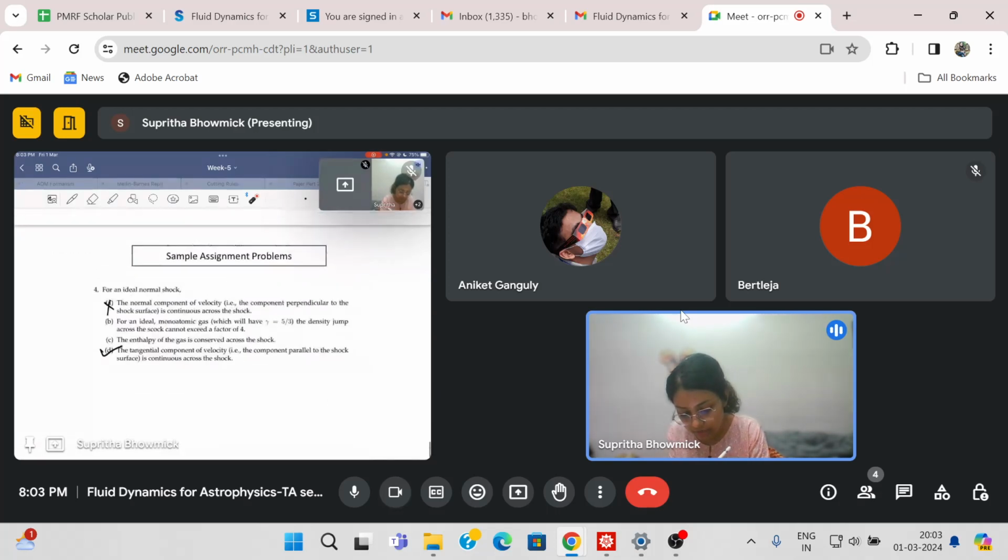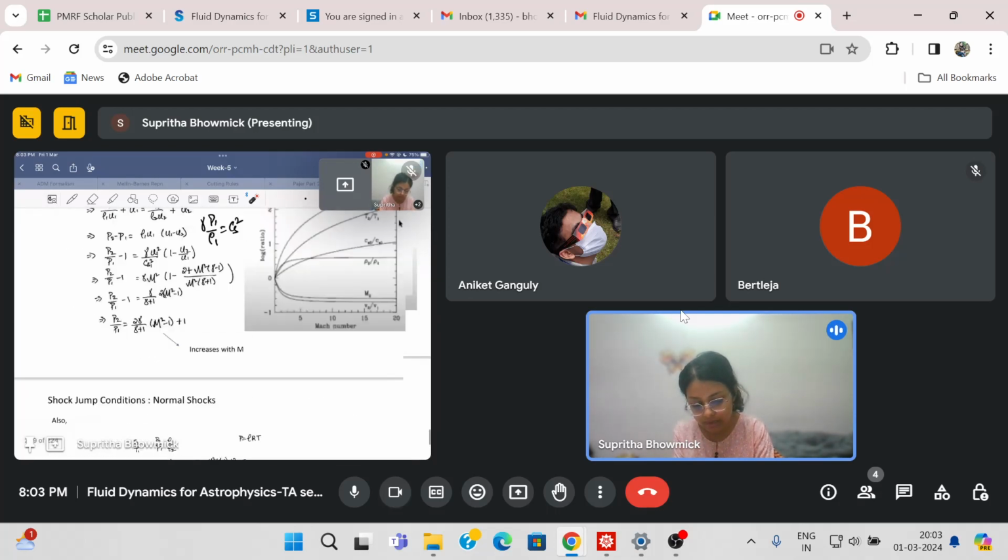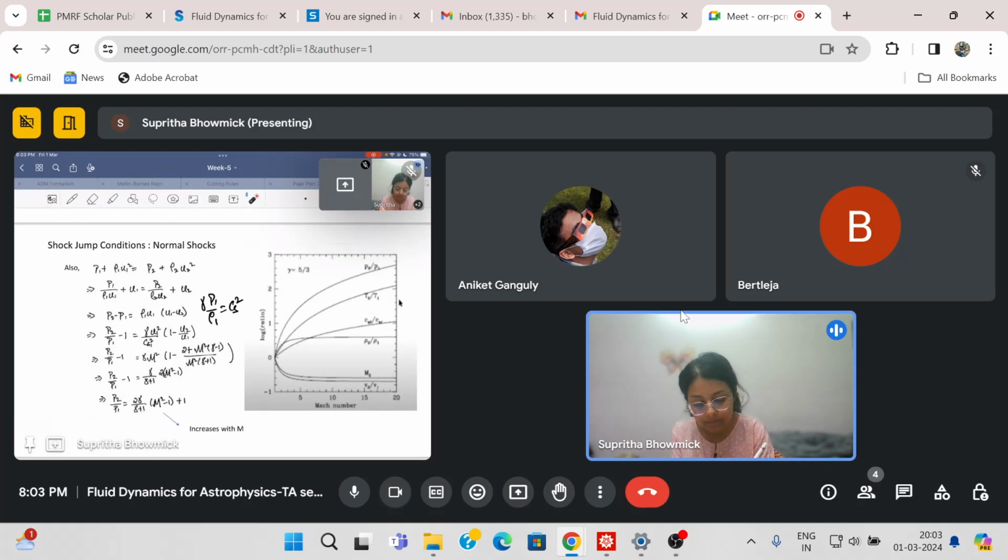For ideal monoatomic gas, density jump across shock cannot exceed a factor of 4. Now, if you look at this density jump plotted across Mach number, it is true that after a Mach number of 4, it sort of asymptotes. But it is also true that rho 2 by rho 1, this jump does not even exceed a factor of 10, let's say. Since it's log scale, it is slightly difficult to say what this number is.